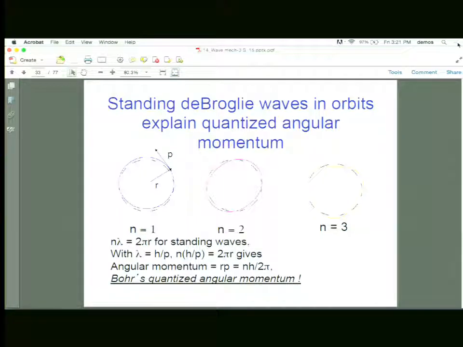But the velocity goes as 1 over the quantum number n, so what's happening is that as the n state goes up, the particle is actually going slower. When it goes into larger orbits, it goes slower. And the radius that it goes on actually goes up as n squared. So it's n squared times the radius of the lowest state.